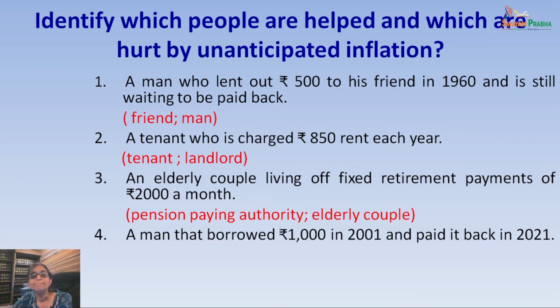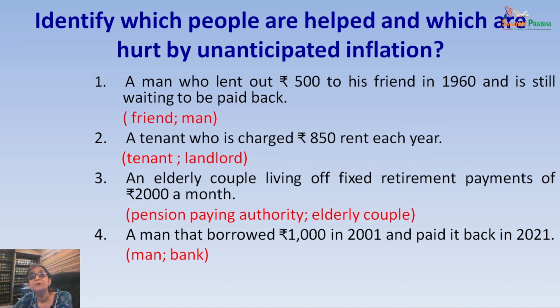Last case, a man borrowed, let us say, 1000 in 2001 and paid it back in 2021. So 1000 rupees borrowed in 2001, paid back after 20 years. Who gains? Unanticipated inflation is there. The bank might have charged a rate of interest keeping an anticipated rate of inflation in mind. But here unexpected inflation is there.